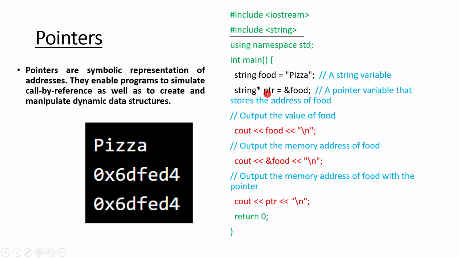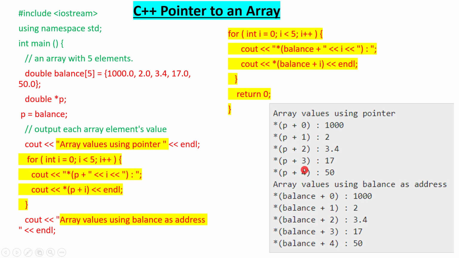The memory location will be available, and also we have the ptr, a pointer. In the pointer also we have put the address of food. So the same value will be displayed. So basically this is used to get the address location of the program.